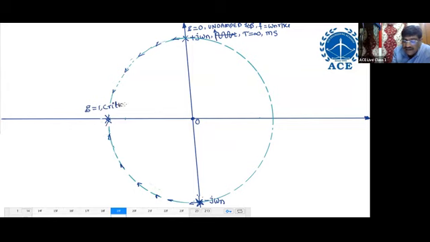The pole location is s equals minus zeta omega n. So as zeta increases from 0 to 1, the poles move towards the left and nearer to the real axis, and enter the real axis when zeta equals 1, at s equals minus omega n.